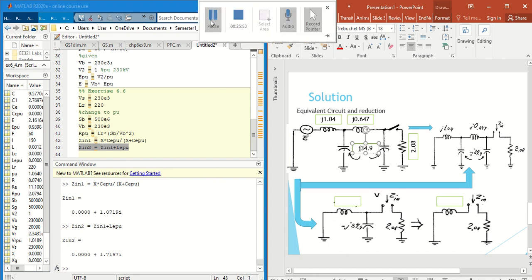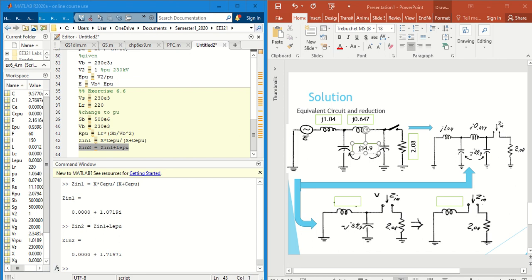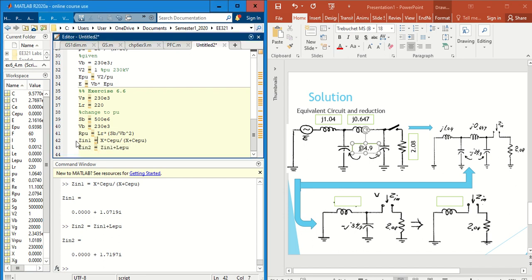So after addition, we are going to add this in parallel to this. So that's what I have shown here, Z in 1. So we're going from left to right. So we're going to add 1.04, which is X, plus in parallel CEPU. So this is how we add in parallel. So we get Z in 1. Now Z in 1 will be added in series to LEPU, the equivalent inductance.